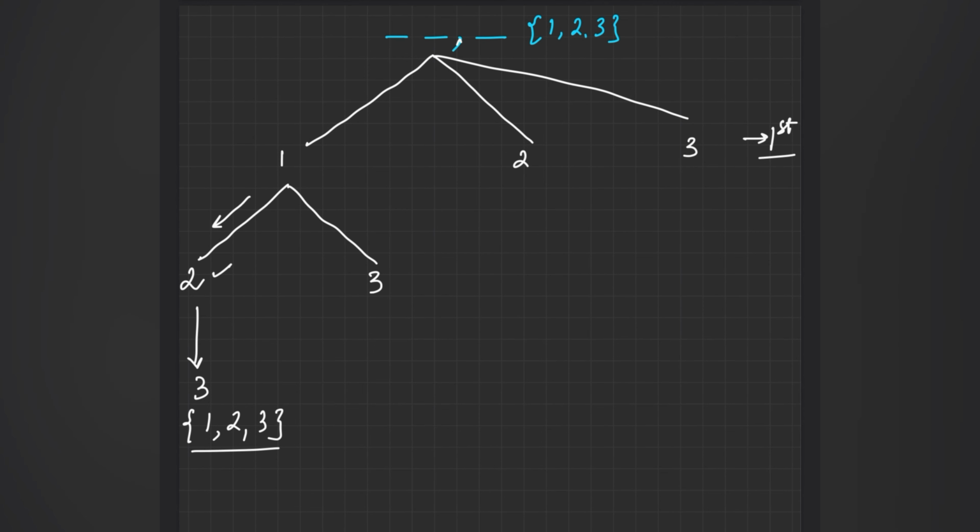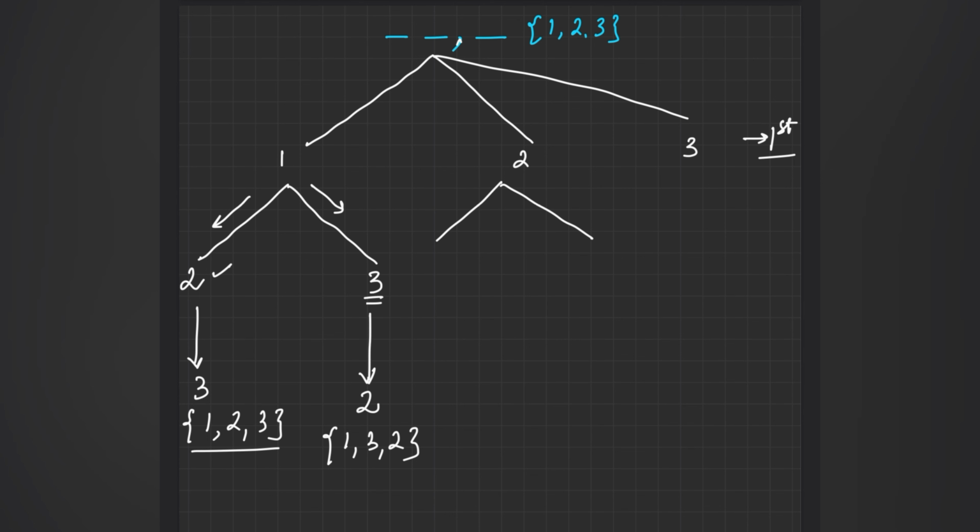Similarly, if I go to the right of 1, the other candidate that we can fill the second slot is 3. If 3 is what we use to fill the second slot, the left over candidate which we can fill the third slot with is 2. So this becomes 1, 3, and 2. Similarly, we can complete the tree.